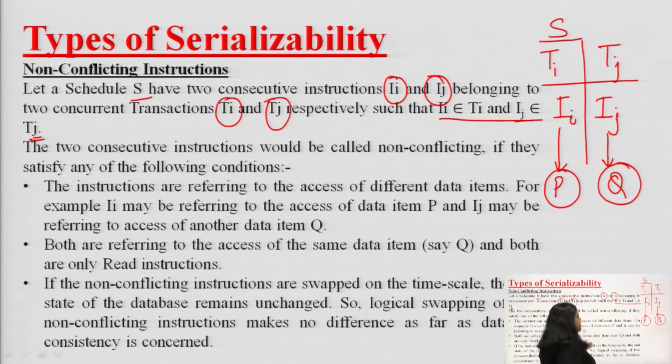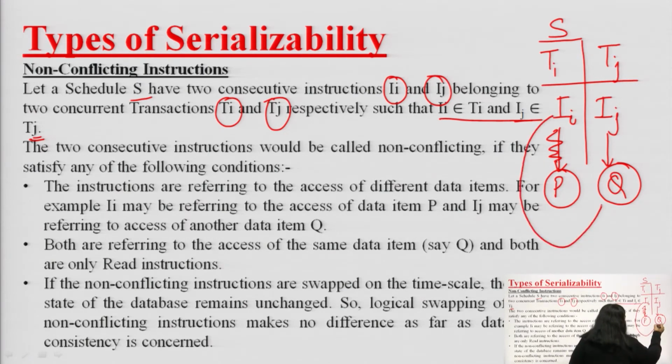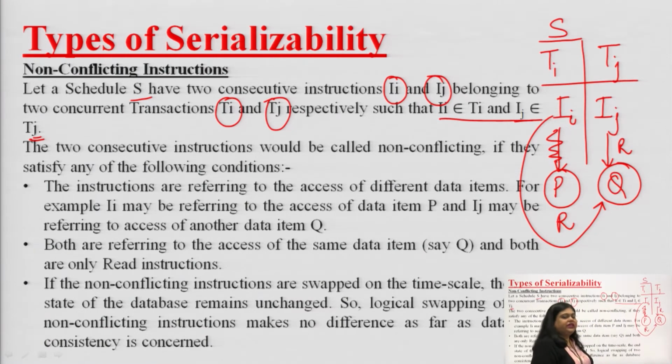Let us say Ij is also using Q and Ii is also using Q, but both of them are only read instructions. In that case also they will be called non-conflicting instructions.